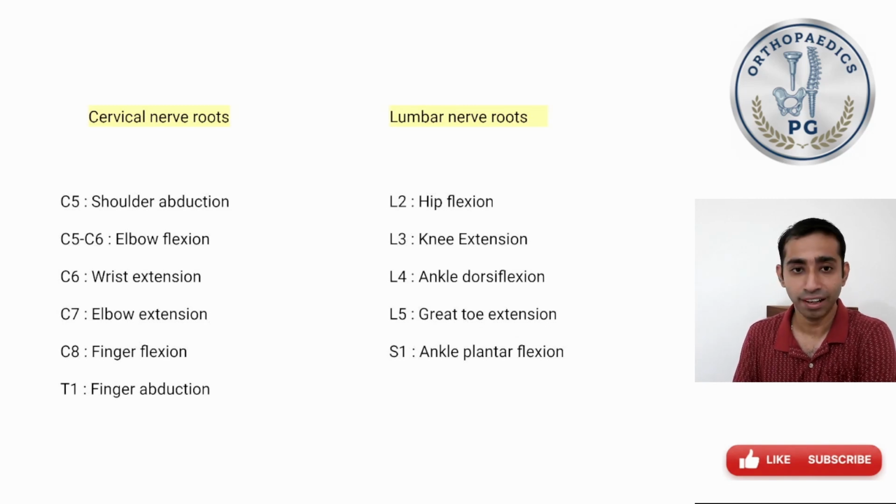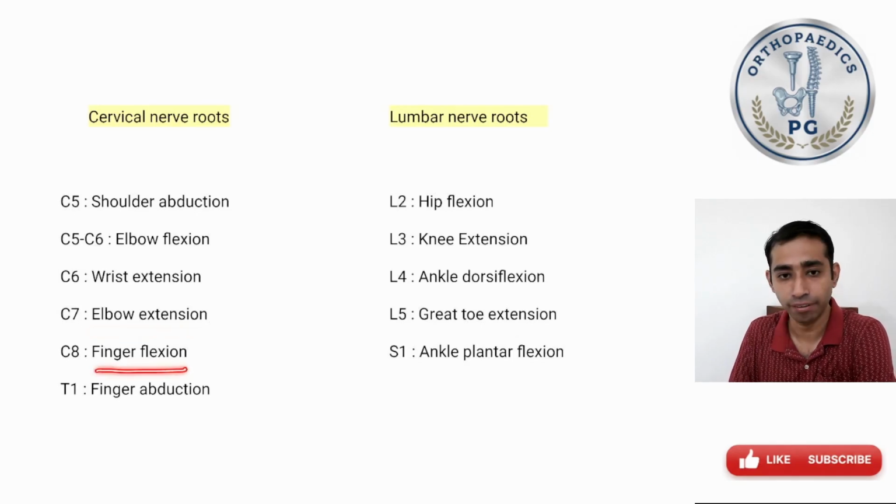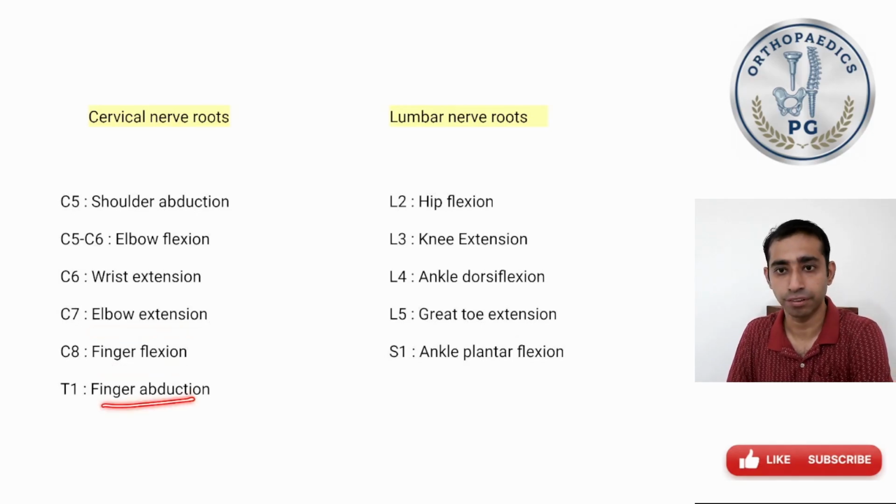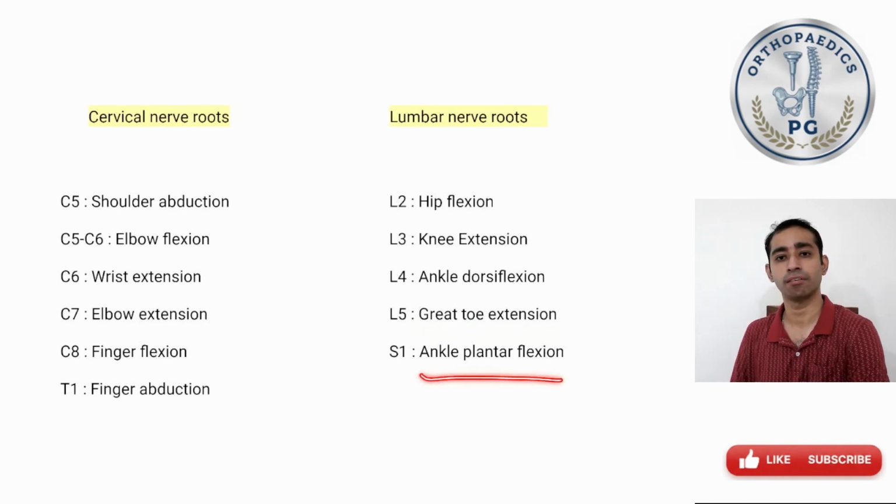So, C5 has been assigned shoulder abduction, C5, C6 is elbow flexion, C6 is wrist extension, C7 is elbow extension, C8 is finger flexion, and T1 is finger abduction. Similarly, in the lumbar area, L2 is hip flexion, L3 is knee extension, L4 is ankle dorsiflexion, L5 is great toe extension, and S1 is ankle plantar flexion.